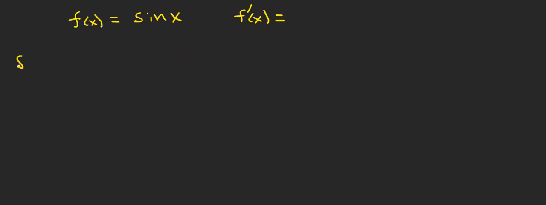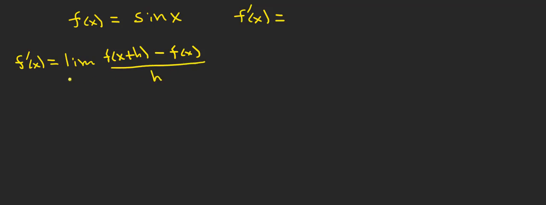Remember the definition of derivative? f prime of x is the limit of f of x plus h minus f of x all over h as h goes to 0. Now, since our f of x is sine x, this part will be sine of x plus h minus our f of x, which is sine x.